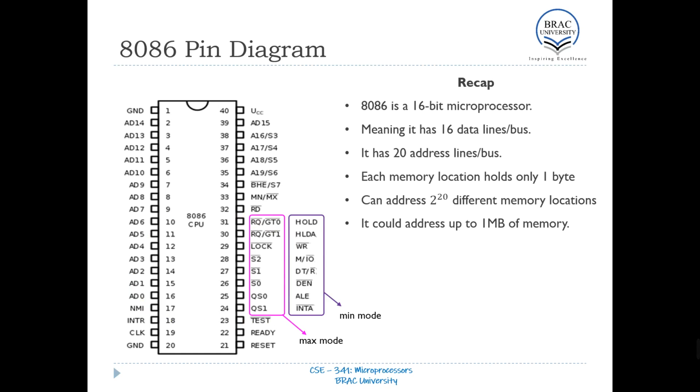When 8086 is working in the min mode, then pins 24 to 31 have these functions. And when it's in the max mode, then the pins function as shown here. We are going to understand what min mode and max mode are a little later, and also the particular pin functions.